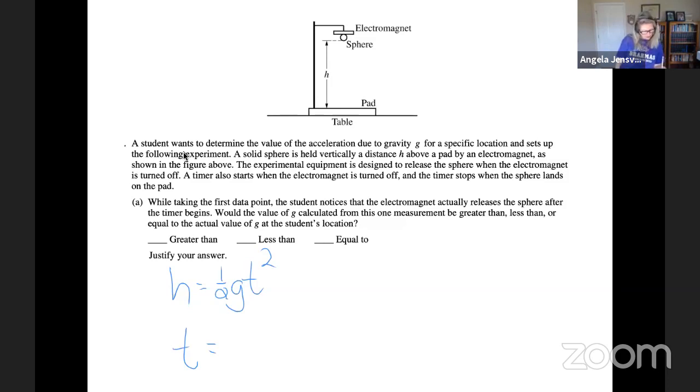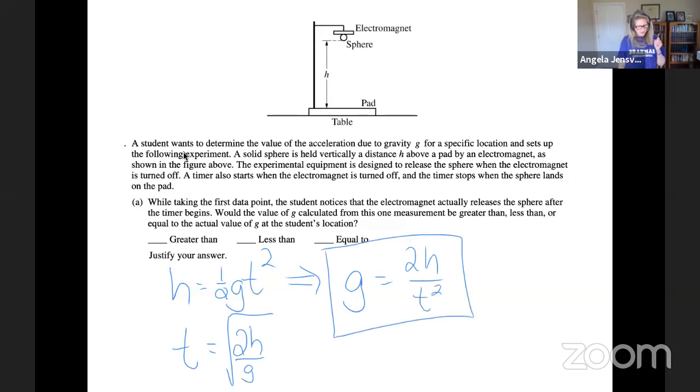So let's solve for that. 2H over G square rooted. Okay, so oh no, they're looking for G. Sorry. Okay, I'm not erasing that. G is 2H over T squared. This is the one we want to look at because they're trying to find G.